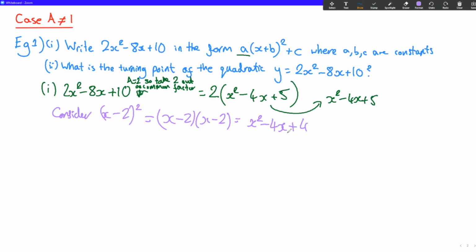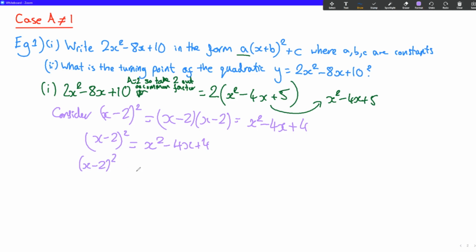You can do it in one step if you're feeling confident. And now we can see that x minus 2 squared is equal to x squared minus 4x plus 4. And that's almost equal to what we have here. We just need to add 1 to it. So let's add 1. So you can subtract the 4, then add the 5.